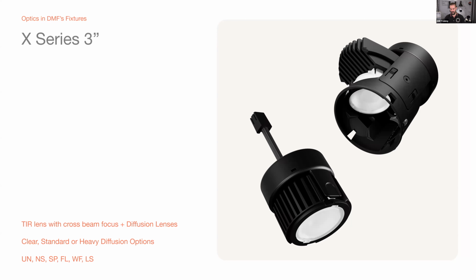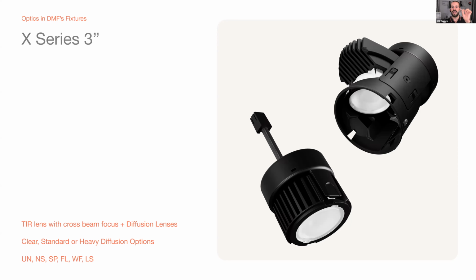That said, the X series utilizes, again, a TIR optic, but in this case a crossbeam optic approach. The X series going down to a 3-inch aperture really starts to get into that small aperture category of fixtures. What we have here are two pieces: a TIR optic and a diffusing lens. The diffusing lens comes out of the front of the fixture.